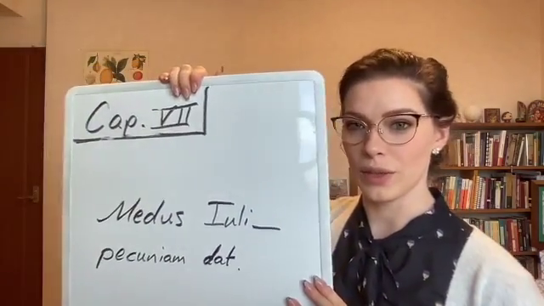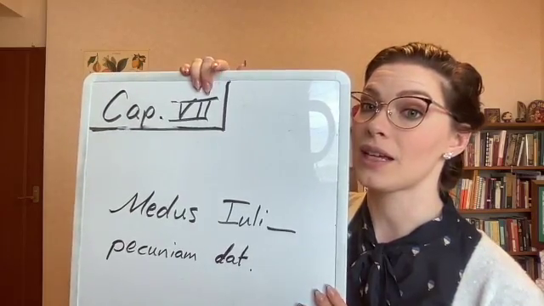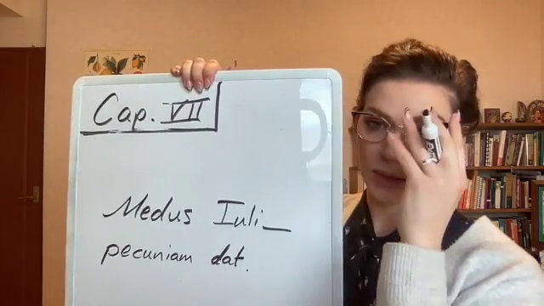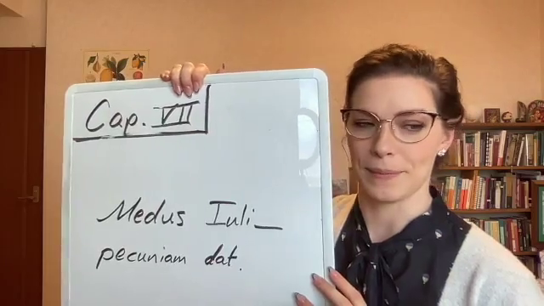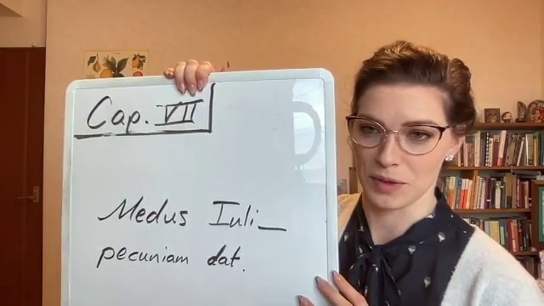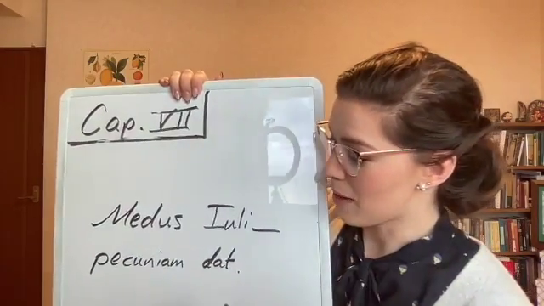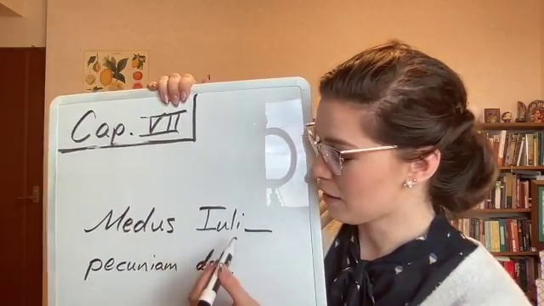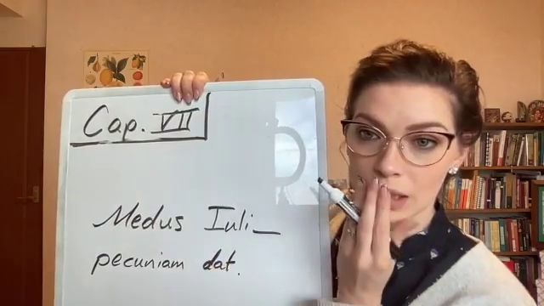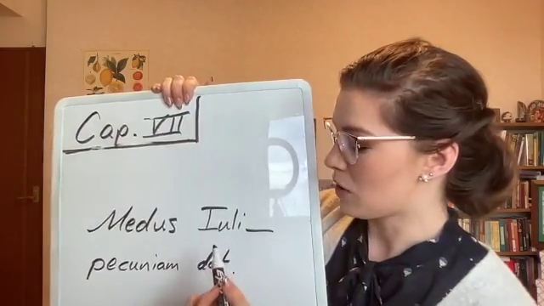Medus is giving Julius, masculine singular. Medus is giving Julius money. This wouldn't happen because he stole money from Julius, so there's no way he would give it back. But anyways, we're saying that Medus is giving money to Julius.